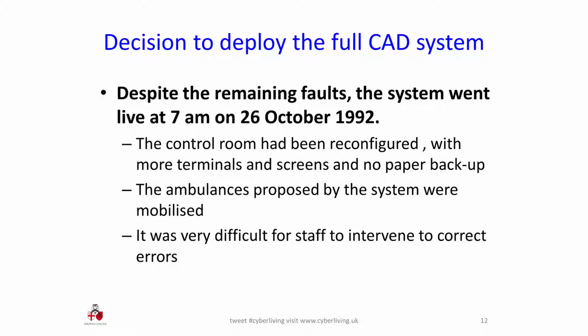So they reconfigured the control room, took the printers out, took away the ability to run the system manually, put in more screens, moved people around in the control room, and the system then, of course, identified the specific ambulance that was going to be taken. It found the nearest ambulance, notified what route it should take, and that was transmitted to the ambulance.